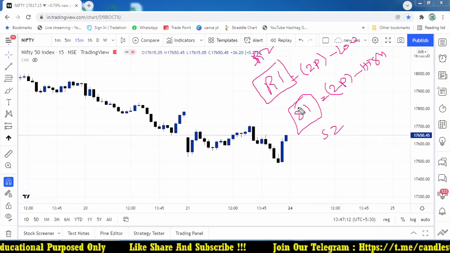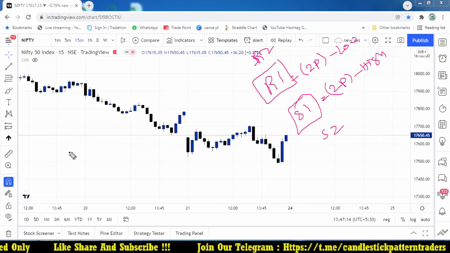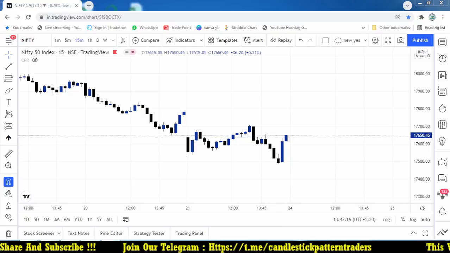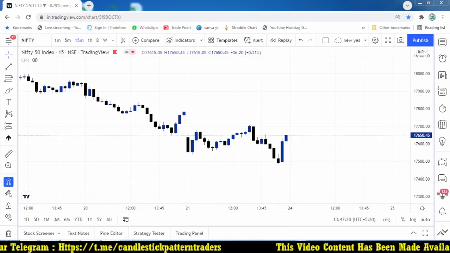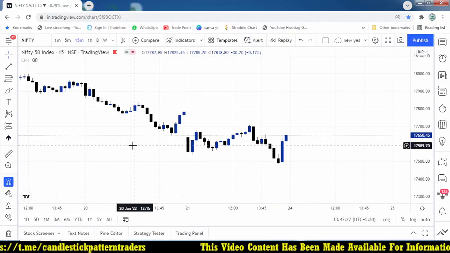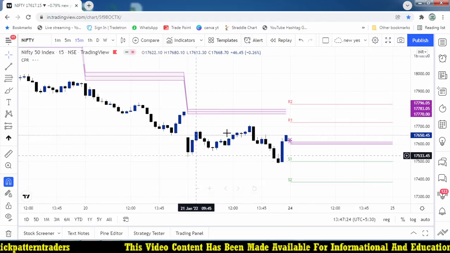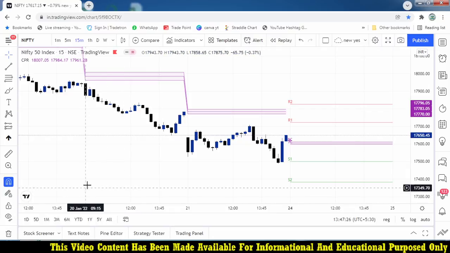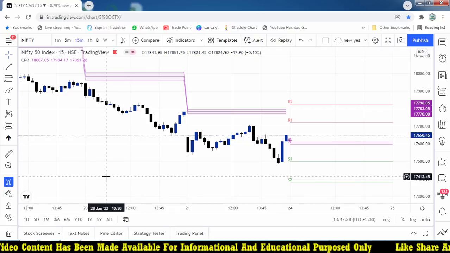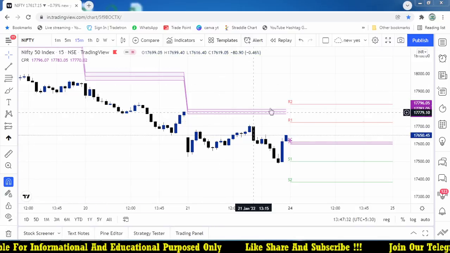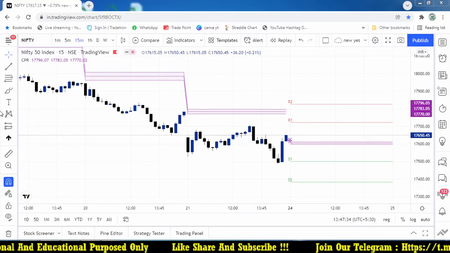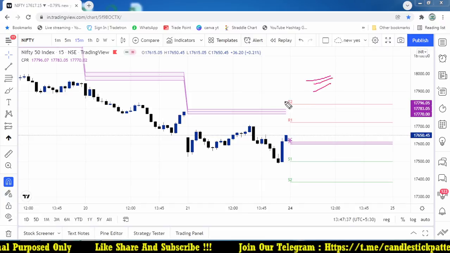So that is how to calculate the CPR range. What is important about that CPR? Let me show how effective the CPR is. Comparative values of the CPR: if today's CPR is higher than the previous day's CPR, we should expect bullish.